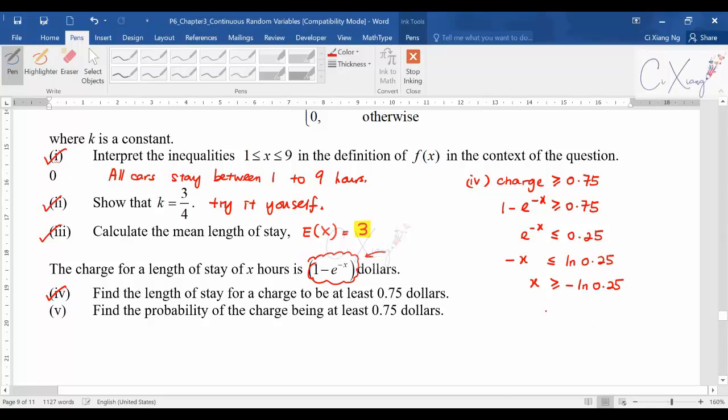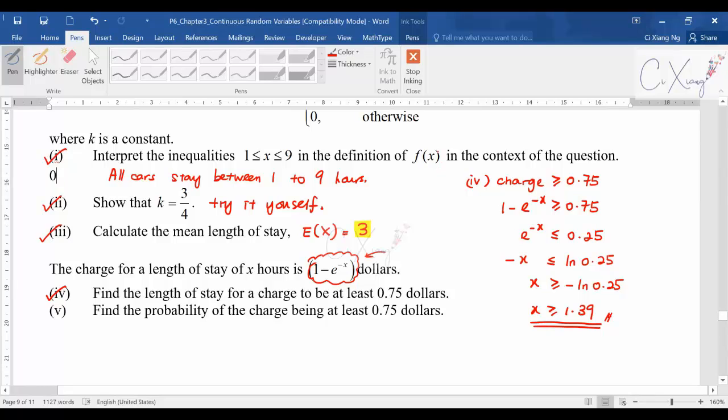You can write it as x greater than or equal to 1.39, or negative ln 0.25 also can. That means if you want the charges to be more than 0.75, you need to stay there for at least 1.39 hours. Then your charges will only be more than 0.75. So that's the meaning.